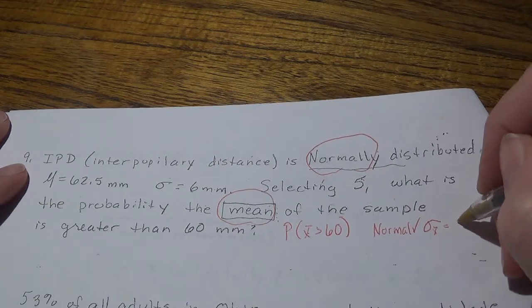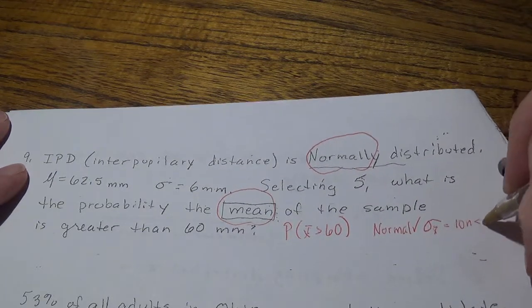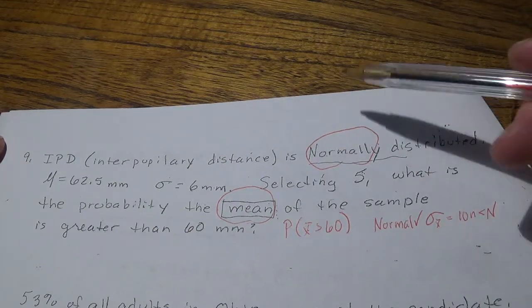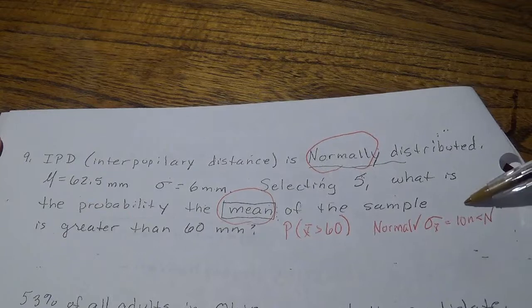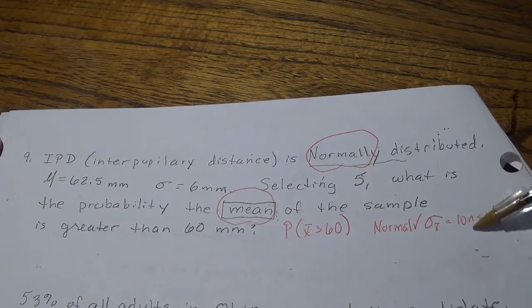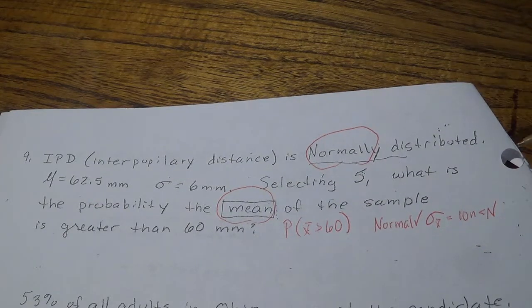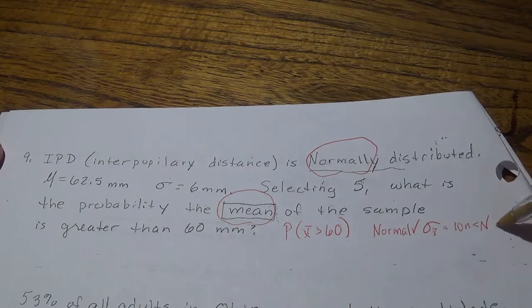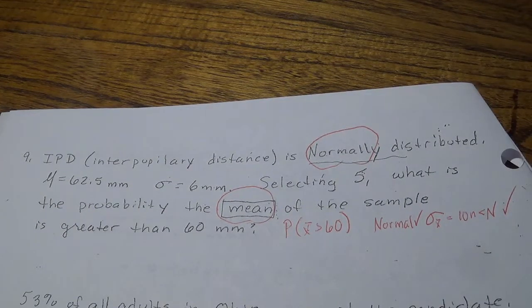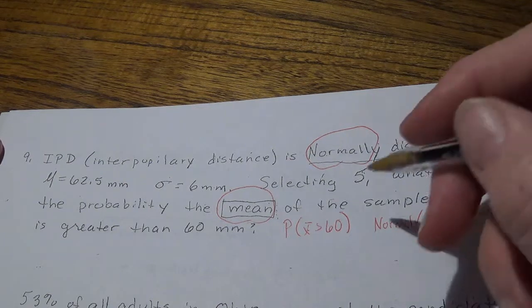Is 10n less than big N? 10 times 5 is 50, and there are lots of faces in the world with interpupillary distances, so 50 is way smaller than the population. So we can find the standard deviation.